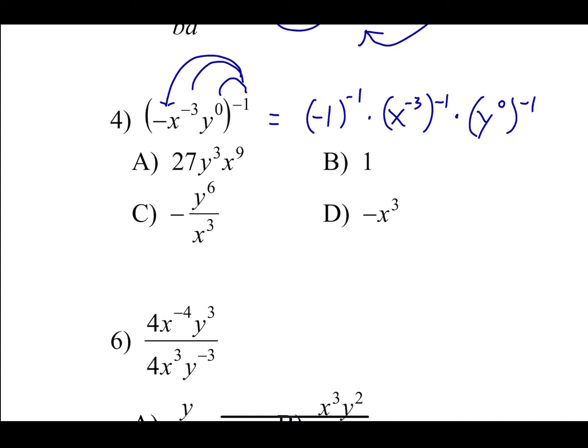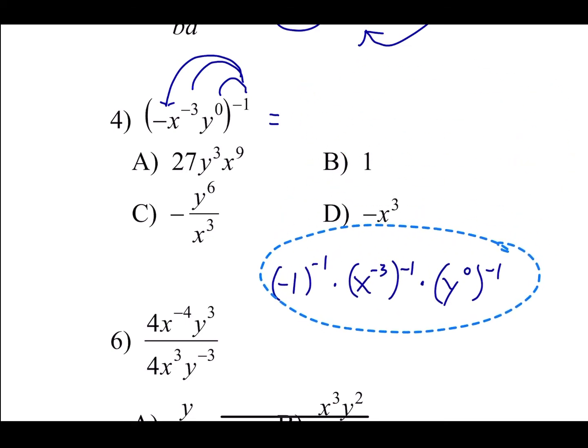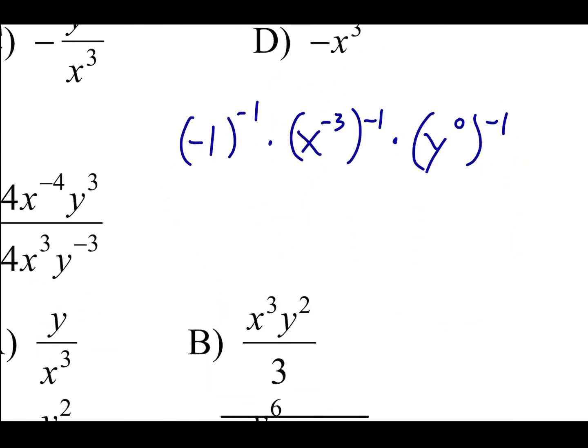Well, this one is very nice because -1 to the negative first power still follows the negative exponent rule. This becomes 1 over -1 to the positive first power, and 1 divided by -1 is just -1. So in essence, it didn't even change. You can't really mess with -1 that much.